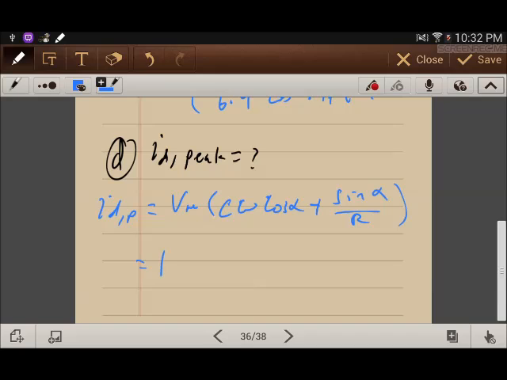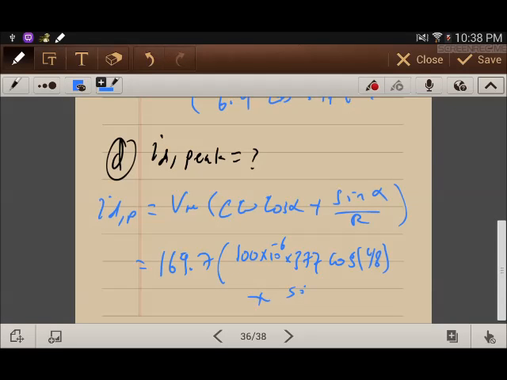So it's 169.7 times (100 multiplied by 10 to the power minus 6 multiplied by 377 cosine 48 plus sine 48 over 500), and this will give me 4.5 amperes.